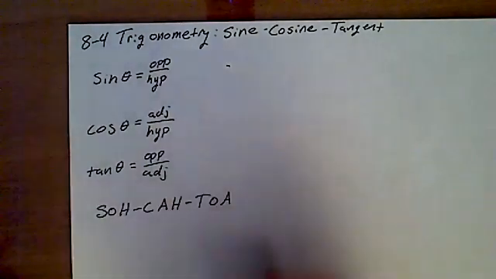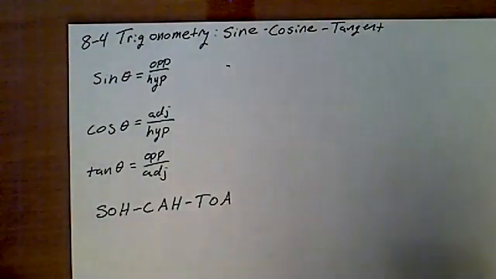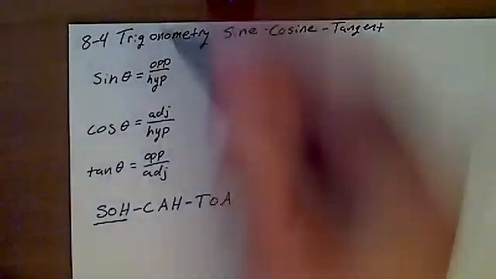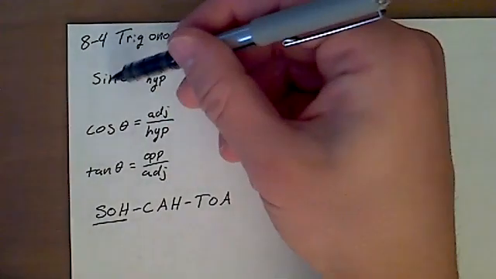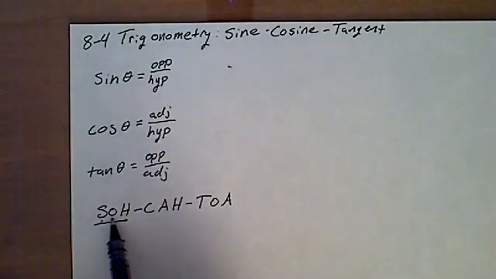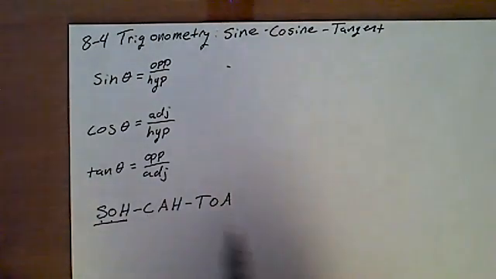So SOH CAH TOA will be coming in more and more handy as we go. The SOH goes with the sine. It's the sine, the opposite over the hypotenuse. Sine, opposite, hypotenuse. Cosine, adjacent, hypotenuse. So cosine is the adjacent over the hypotenuse. Tangent is the opposite over the adjacent.